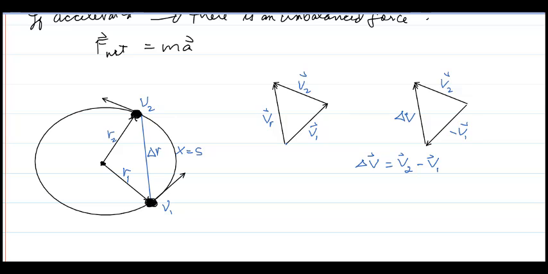Take note that since it is circular, R1 is equal to R2 in magnitude, and V1 is also equal to V2 in magnitude. Why? Because it is circular, and the magnitude of the speed is constant.